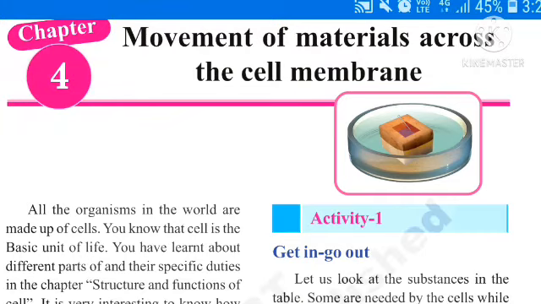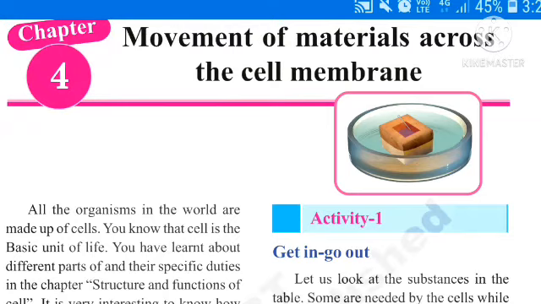Next one, flow of information. It provides for flow of information among the different cells of the same organism. This cell membrane helps in the flow of information. Next, osmosis. It occurs due to the presence of tiny water channels in the plasma membrane or cell membrane.